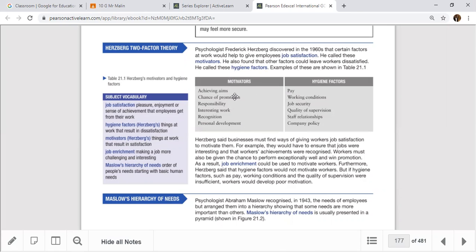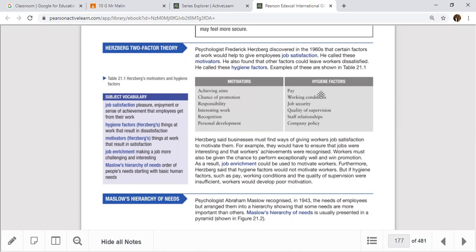Here, achieving aims means giving opportunities to reach their career goals, chance of promotion, advancement, giving responsibility, delegation, giving interesting work to do, recognition for what they do, like titles, and personal development, training. It's an important thing to get motivation.